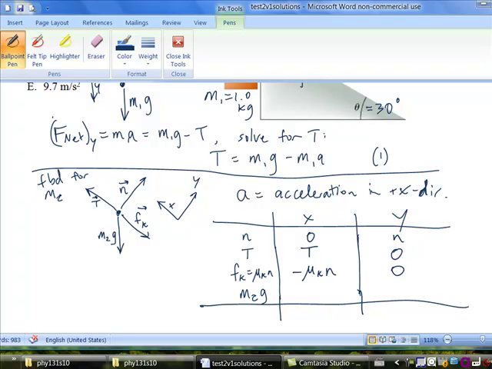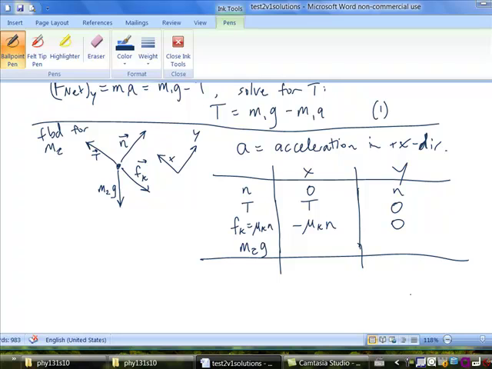Now m2g, that's the one that's at an angle. So I'm going to just refer to a little diagram over here. Here's m2g, the hypotenuse, and I need to figure out the components of this in the x and y direction. So actually, let's draw that on the other side.